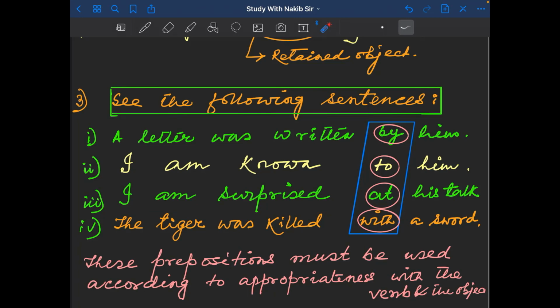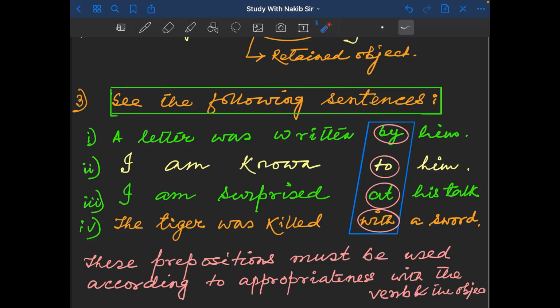So in place of "by", before the object at the end of the passive voice, "by" can be used, "to" can be used, "at" can be used, "with" can be used, some other preposition may be used. These prepositions must be used according to the appropriateness, according to the relation between the verb and the object.